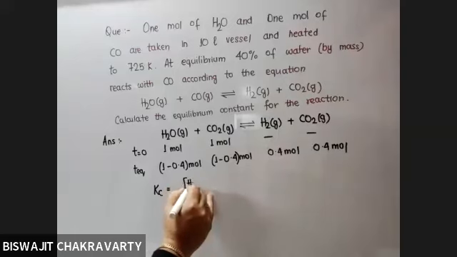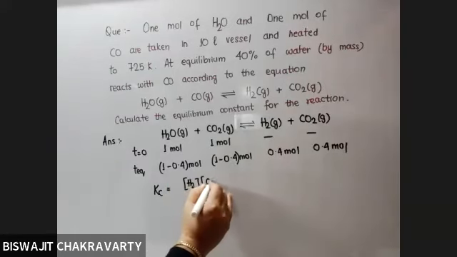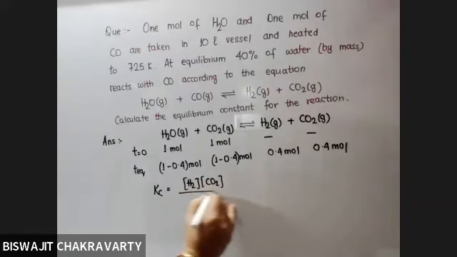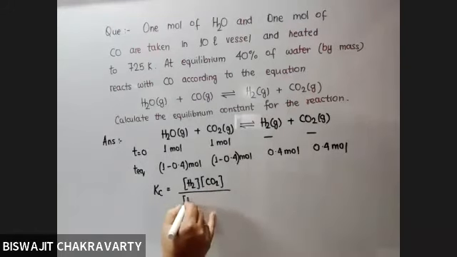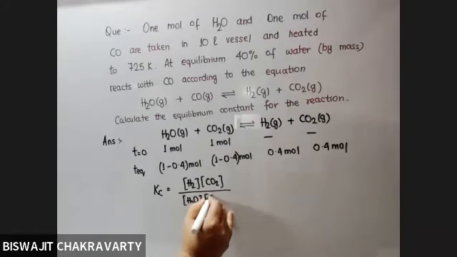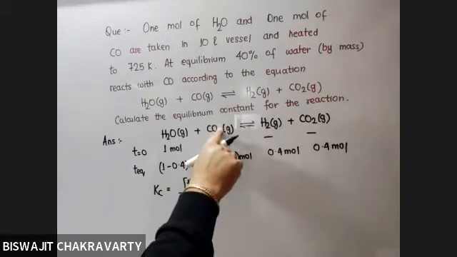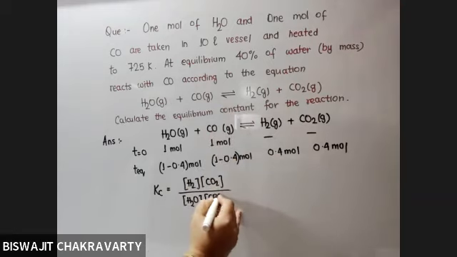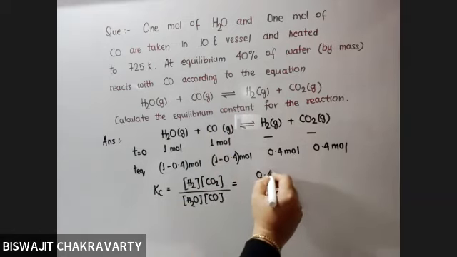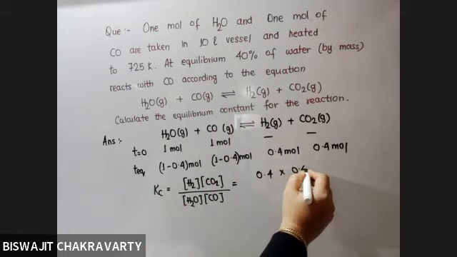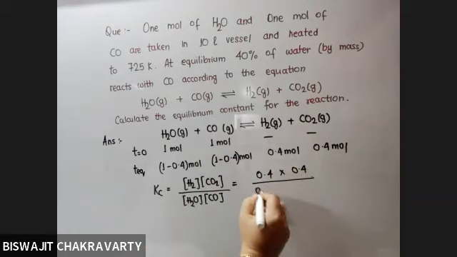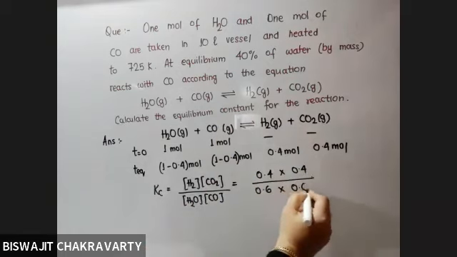So accordingly, if we put it in the Kc expression, this is CO. So put in the values: 0.4 into 0.4 divided by 0.6 into 0.6.